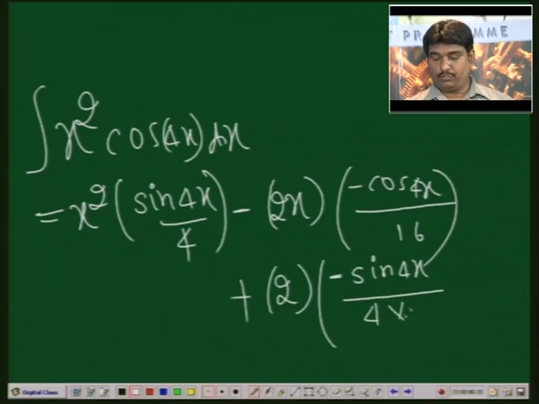So it is 4 into 16, minus differentiation of 2, 0, stop.